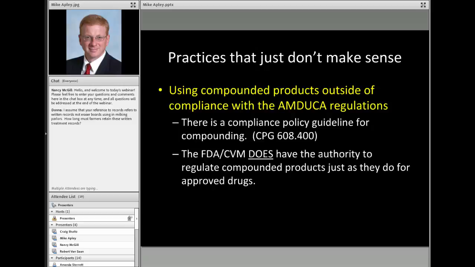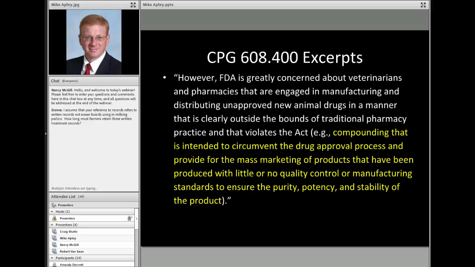Even combining two labeled approved products into one and administering them in an extra label manner requires some real careful consideration by the veterinarian as to exactly what's going to happen to efficacy of both of the drugs and also to the withdrawal time. And for those reasons, I recommend staying with the original forms whenever possible.